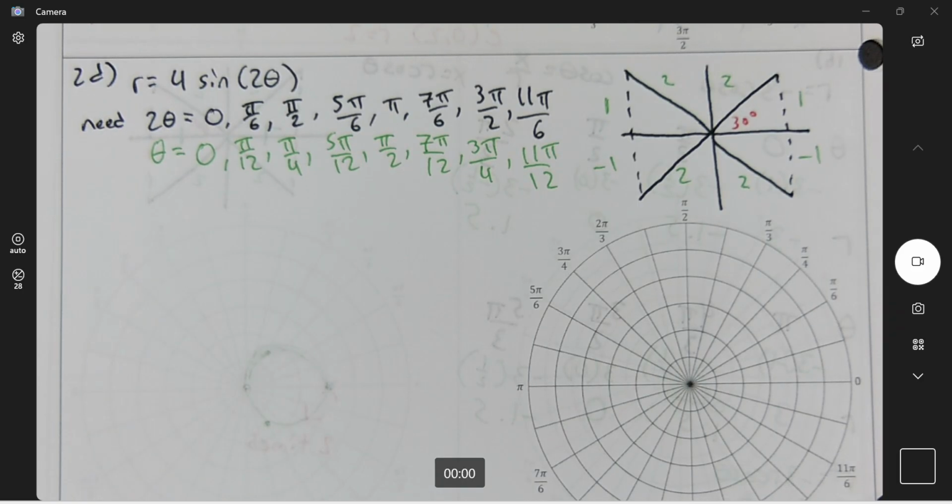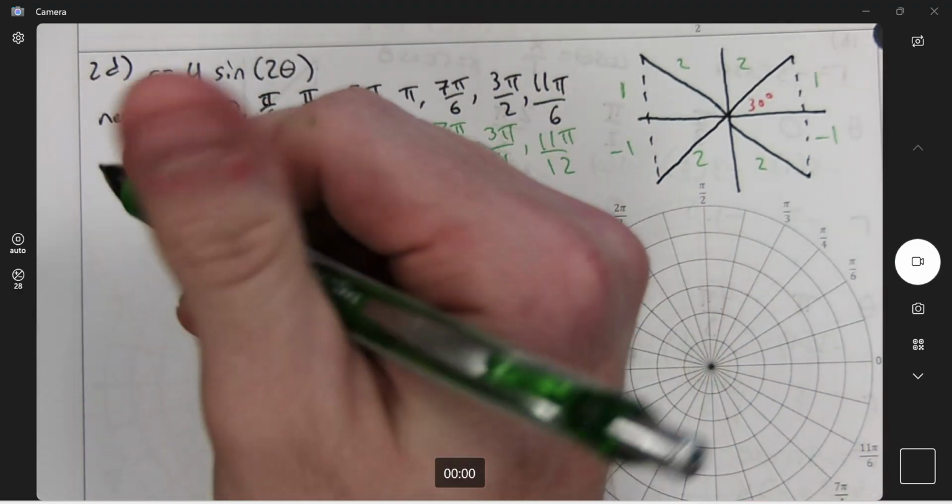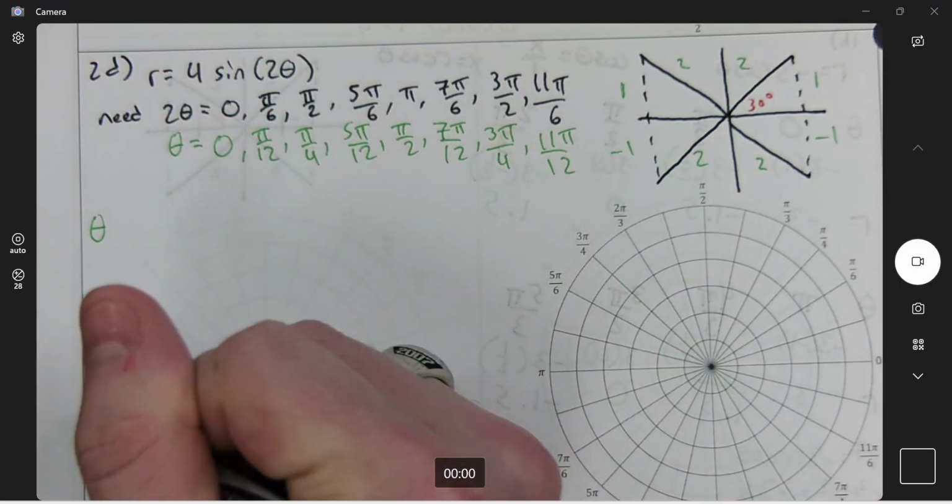There's a reason why I skipped over 2b, because they would have to all be like 15ths or something like that. Yeah, it would have been ugly. Alrighty, let's get it filled out. We've got the thetas, leave a little space, and then r.